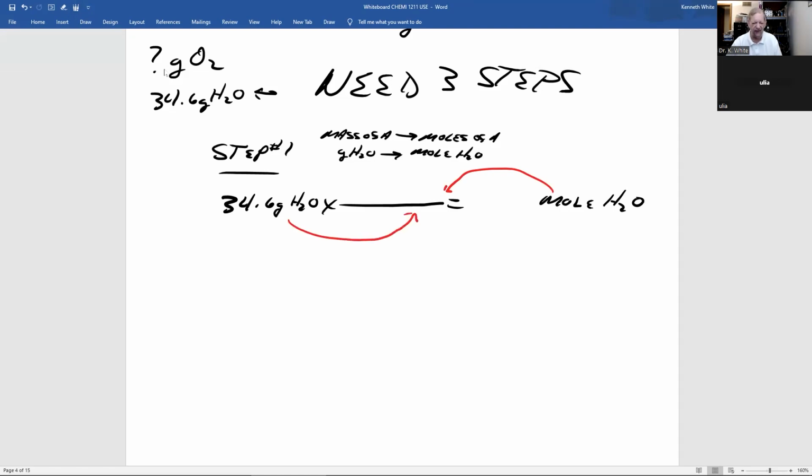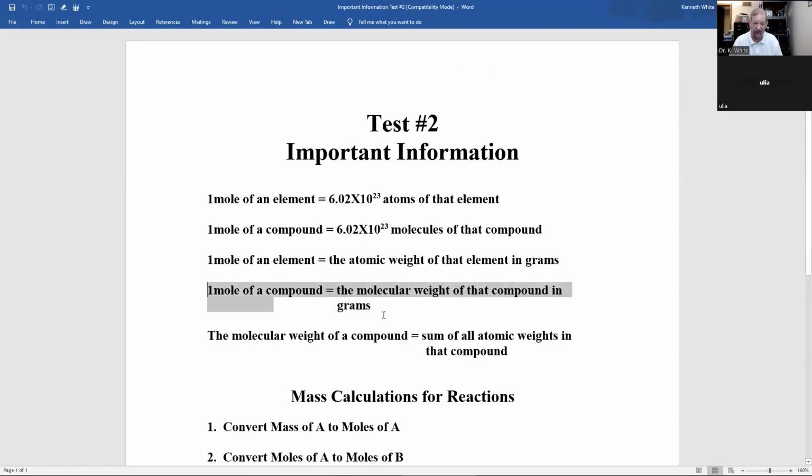Whatever we're trying to get rid of goes underneath the units. And this is moles of water and grams of water. And where do I get the relationship between moles of a compound and grams of a compound? Important information, test number 2.